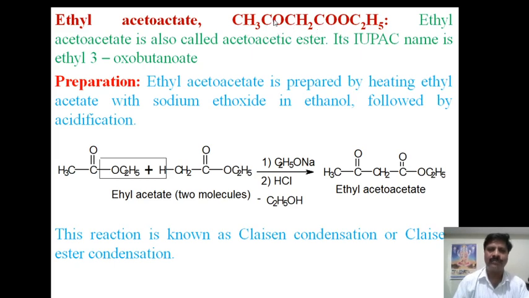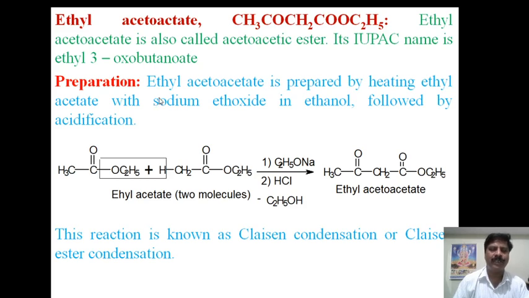At the 3 carbon atom, there is an oxygen group, that is keto group or oxo group. Therefore 3-oxo, this is the butanoate, and this is the ethyl group. Therefore ethyl 3-oxobutanoate is the IUPAC name of ethyl acetoacetate.